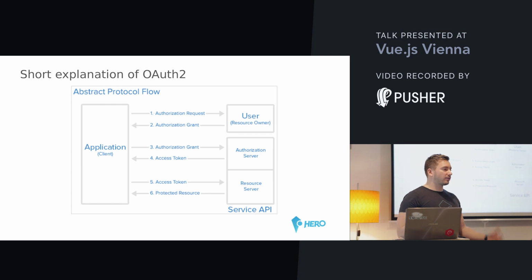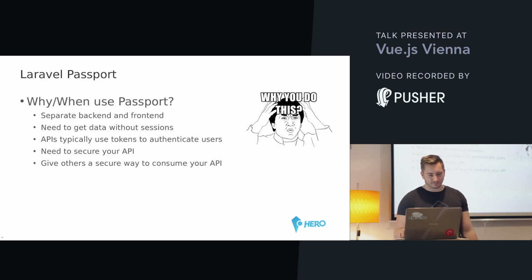And if everything is correct, the application gets a token back and can access the resource on the server with this access token. That's the basic fundamental thing of OAuth 2. In detail, it's much more complex.